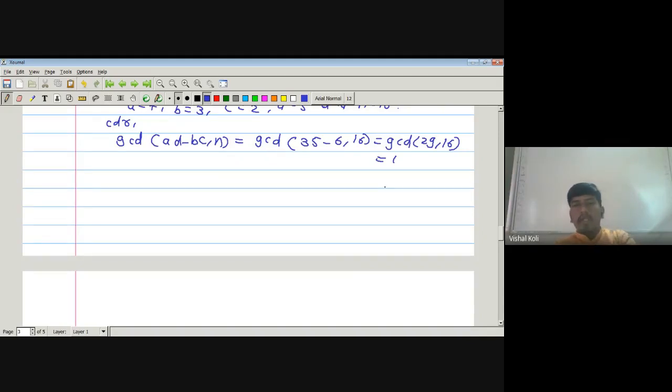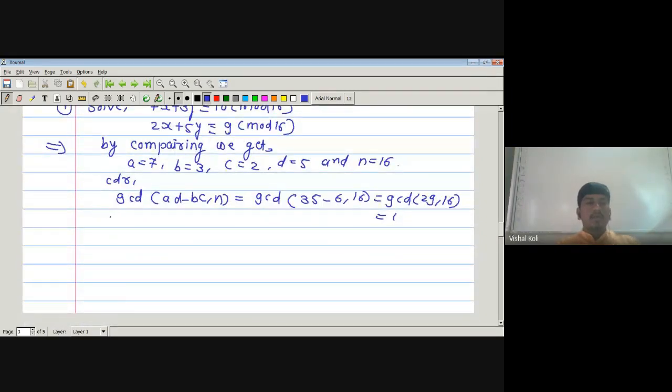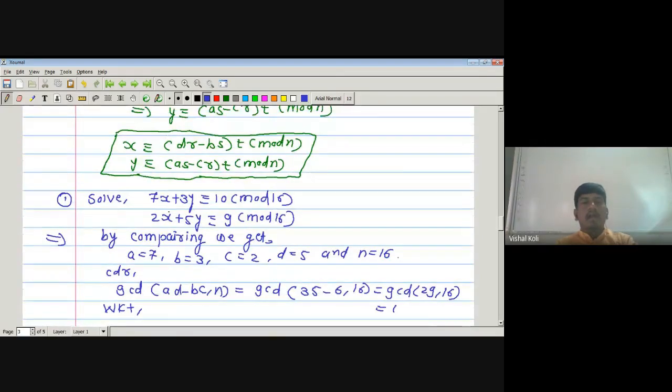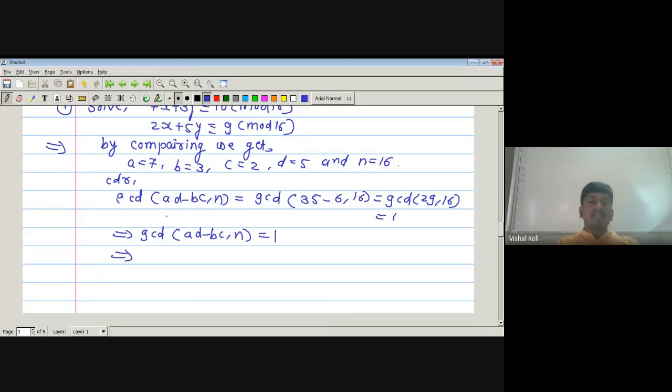Now we have to use the above values of x and y. First we have to see that GCD of AD minus BC comma n is 1, which implies the linear congruence AD minus BC into x congruent to 1 modulo n has a unique solution.